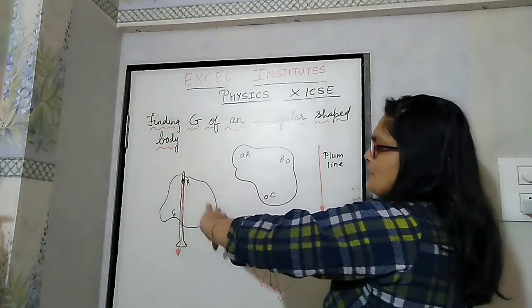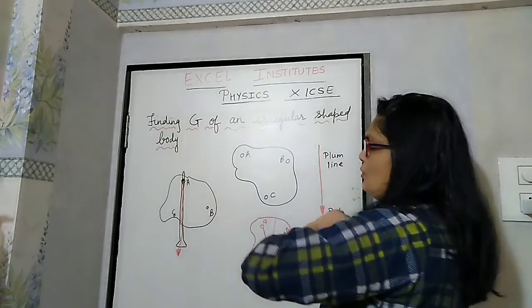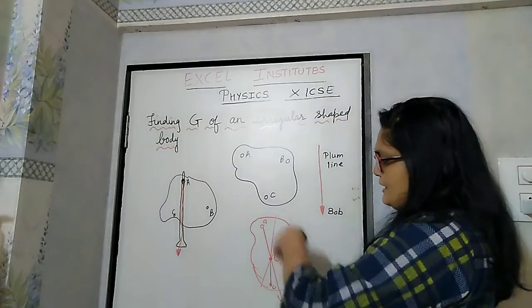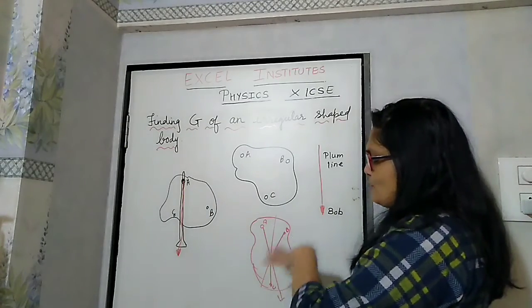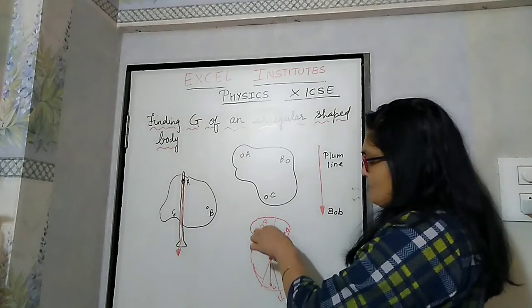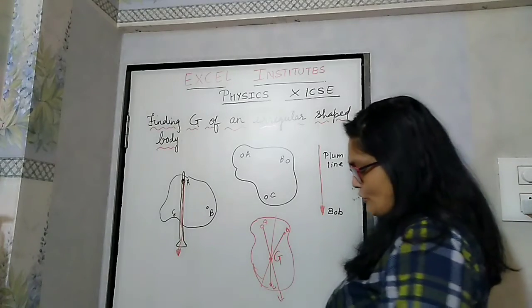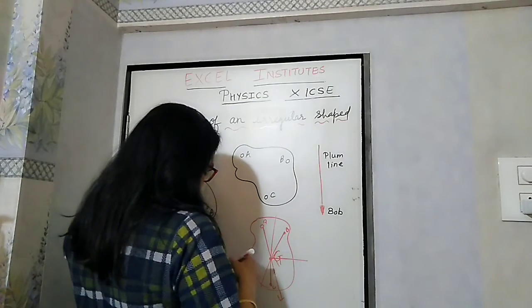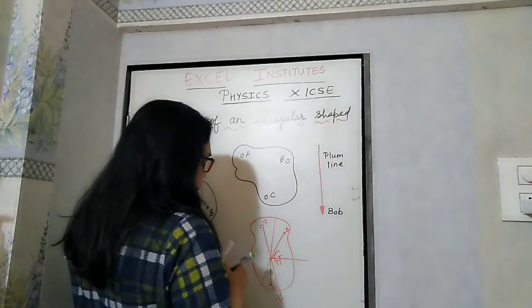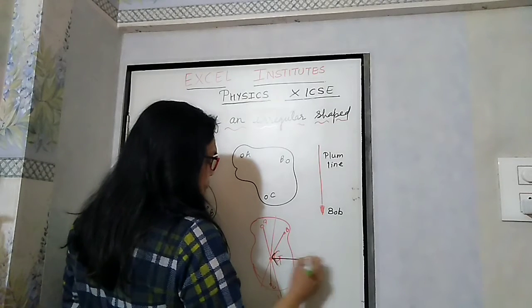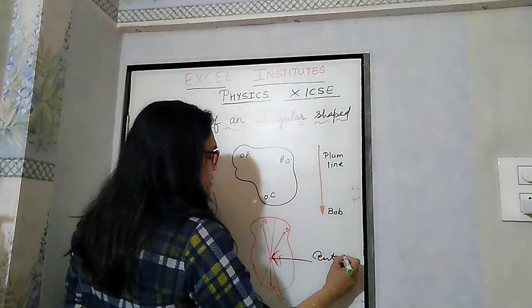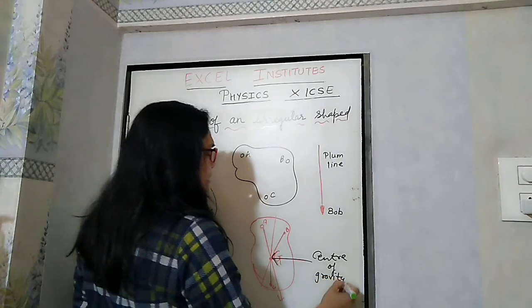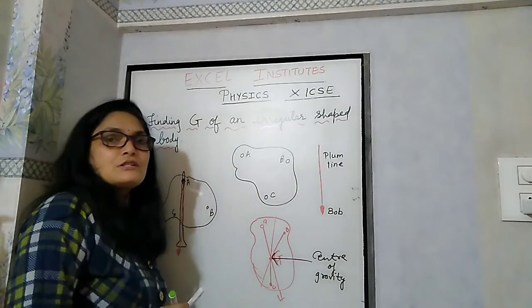Repeat the procedure by taking the B hole on the hook, then the C. You will get 3 different lines, and all these 3 lines are going to meet, and where they meet is your center of gravity. So this point is your center of gravity. So this is how you find the center of gravity of any irregular shaped surface.